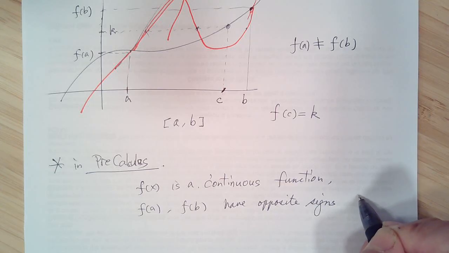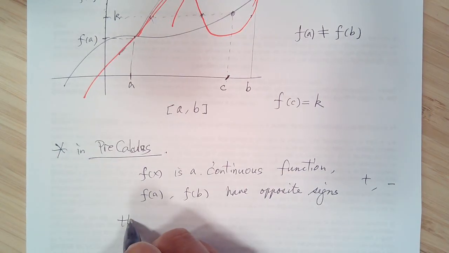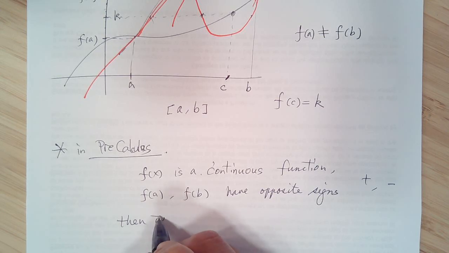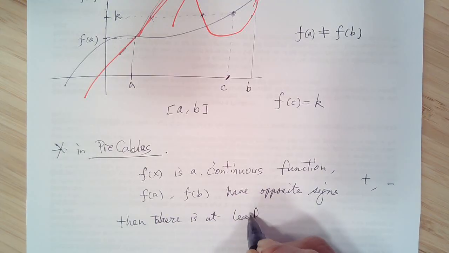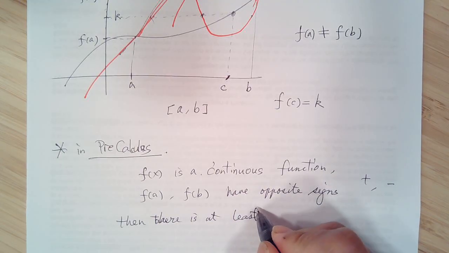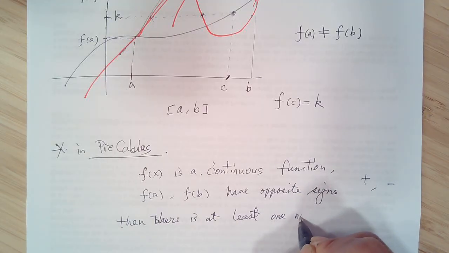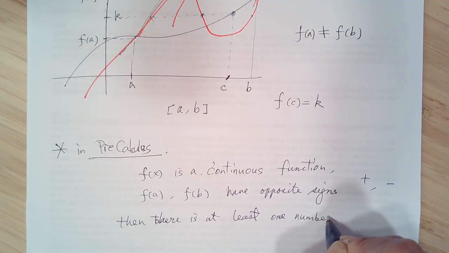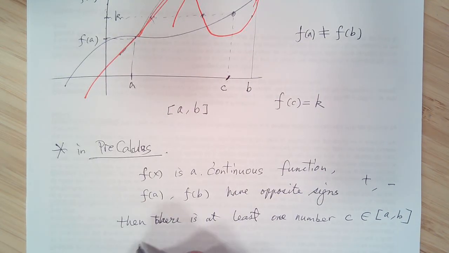One positive and another negative. Then there is at least one number c in the interval a, b such that f of c equals 0.